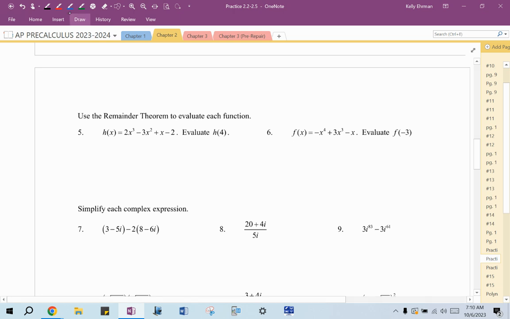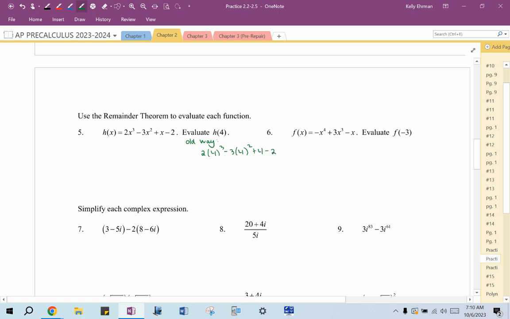The remainder theorem. This is a nice, convenient theorem. It uses synthetic division. It gives you a second way to evaluate. So evaluate h of 4 the old way, which is still valid, by the way, still my main method of calculation, is to do 2 times 4 cubed minus 3 times 4 squared plus 4 minus 2.